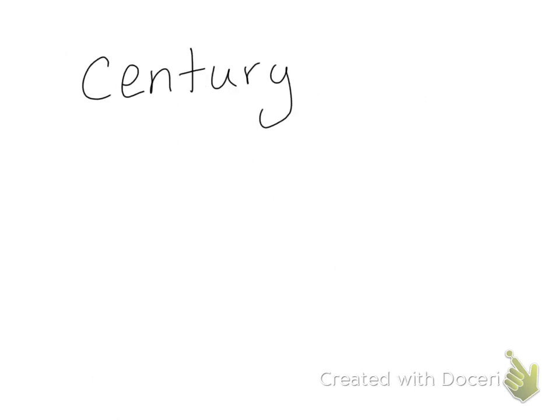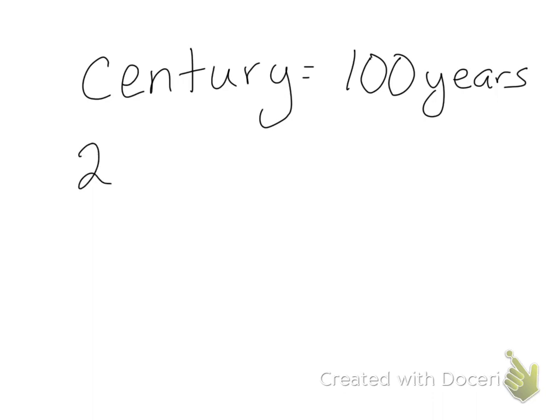Now, people who have lived for 100 years are called centenarians. Ooh, that's a hard word to say. They have been alive for 1 century. A group of 100 years is a century. So if we have 2 centuries, that's going to be 200 years, or 2 groups of 100 equals 200.